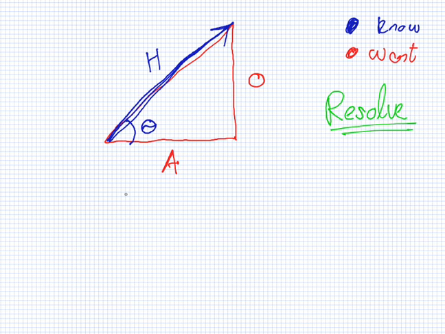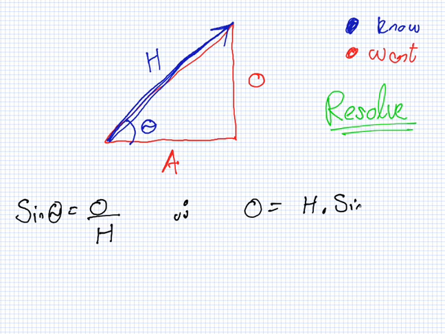So what I'm doing here is showing you the formula to get the answer. For example, what does sine theta equal in your formulas? Opposite over hypotenuse. So therefore, the opposite equals the hypotenuse multiplied by sine theta. And in fact, that's the first result.